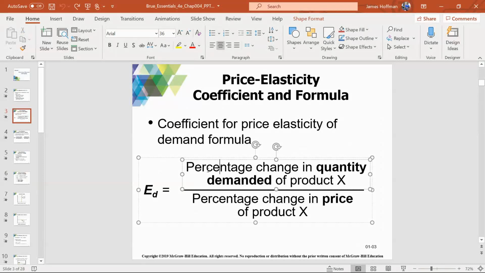If the top part is smaller than the bottom part, or the bottom part is bigger than the top part, that means the change in price is bigger. So if demand is less responsive than price, you get a number less than 1, and that means demand is less responsive, so it's inelastic.